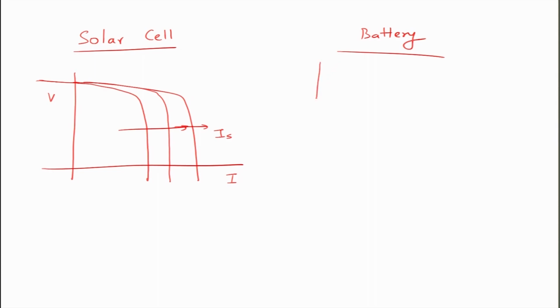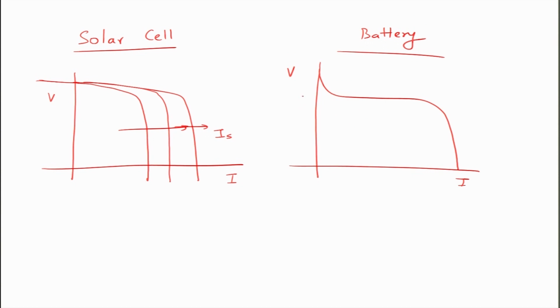Whereas a battery gives you an EMF. If you plot V versus I for a battery, the battery IV curve is something like this, and of course there is no change with light. Of course, it may change with the temperature.